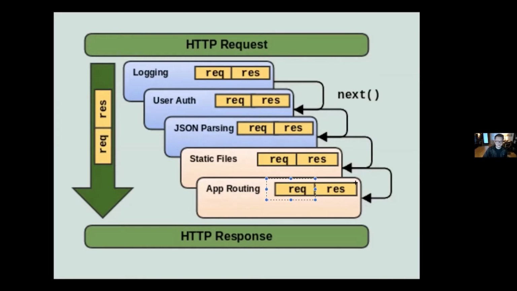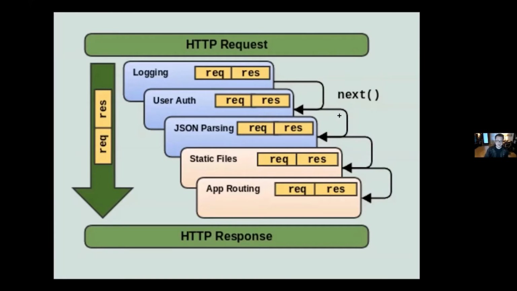It's further down in the middleware stack. So this gives our code a lot of flexibility. Instead of just jamming all of this stuff into a single middleware function, into a single route handler, we can now split it up into different middleware functions and reuse them in different routes. Okay.